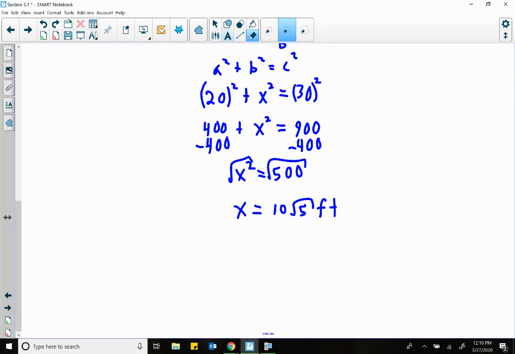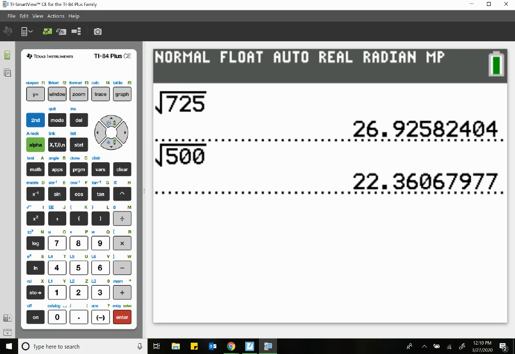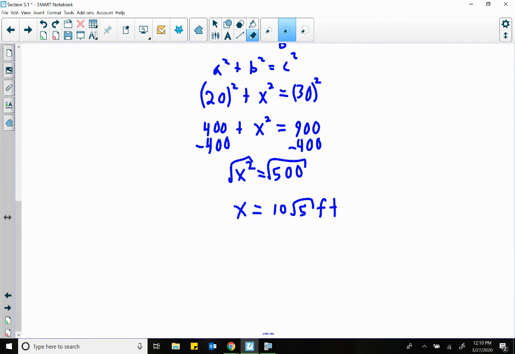So let's take the square root of 500. I'd say, could you move this ladder back 22 feet? That makes more sense in a real world problem.